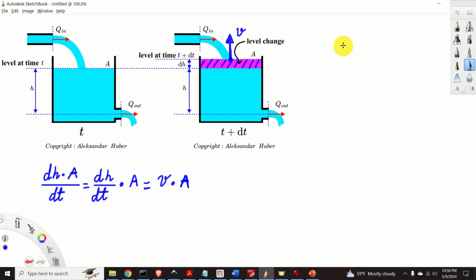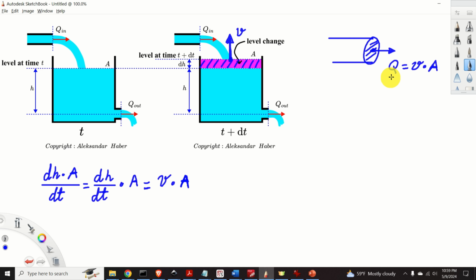Let us make a small digression. In the most general case of the fluid flow through a pipe, and in the ideal case, the volumetric flow through this pipe is given as the velocity of the fluid passing through this cross-section multiplying the area of the cross-section.